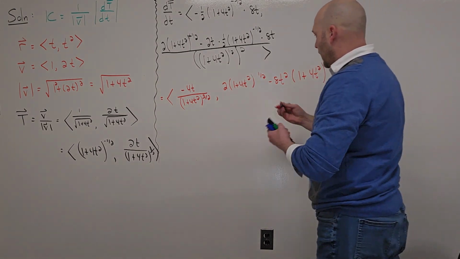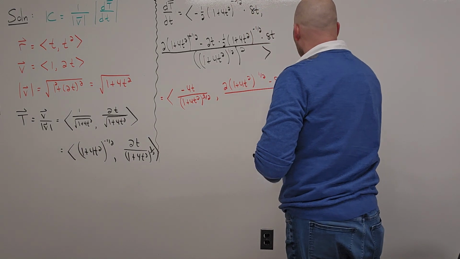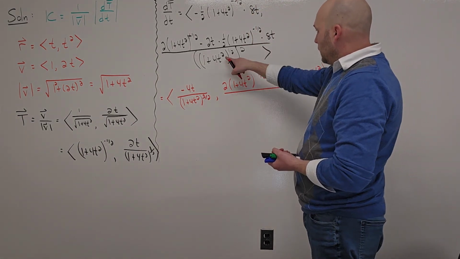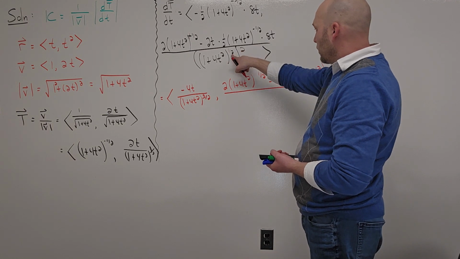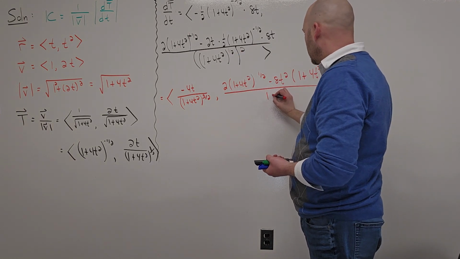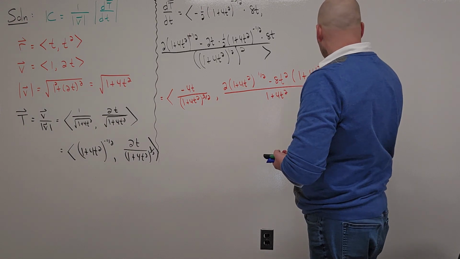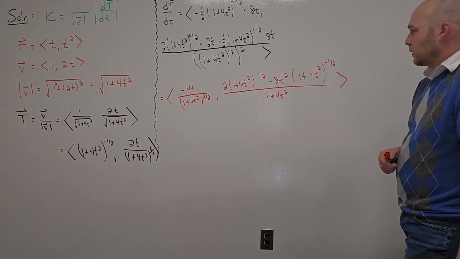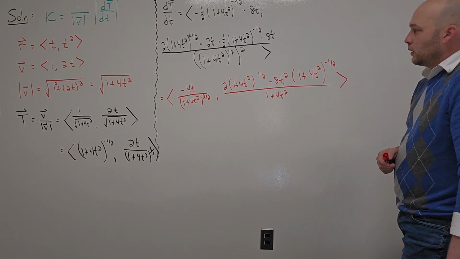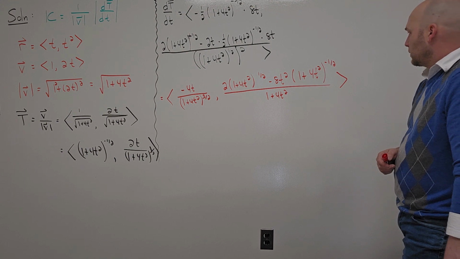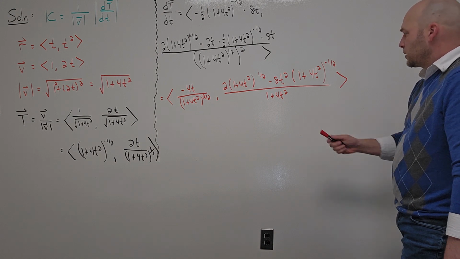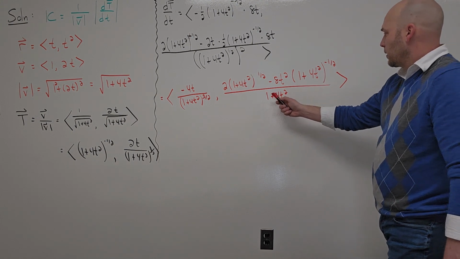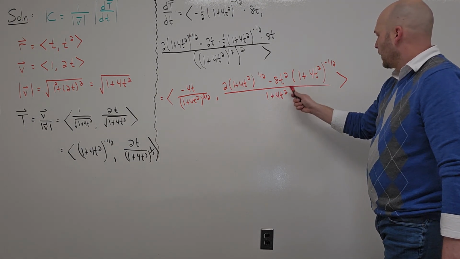and then the whole thing is divided by, let's see, square root, so that will leave me with 1 plus 4t squared. Okay, let's separate the fraction here so I can combine those.